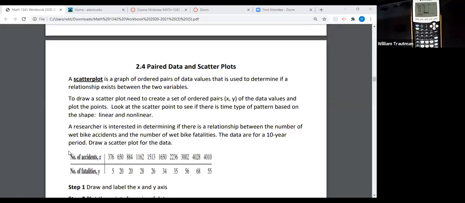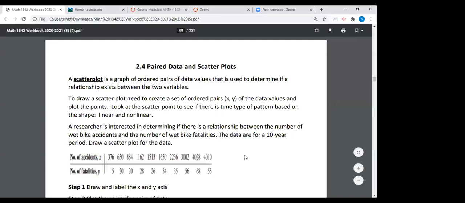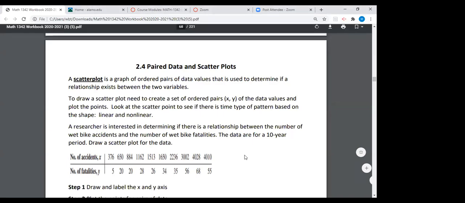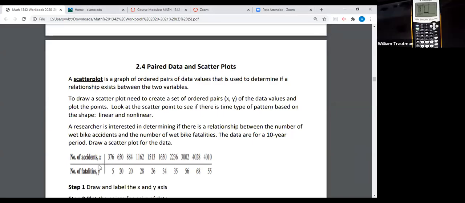Did I mess something up, Tanya? Let's go back. I don't see a 10 in here. Sir, for the X values, isn't there 10? 1, 2, 3, 4, 5, 6, 7, 8, 9, 10.